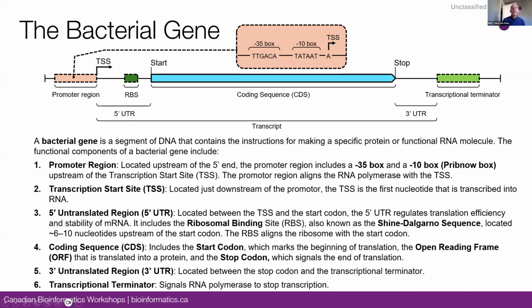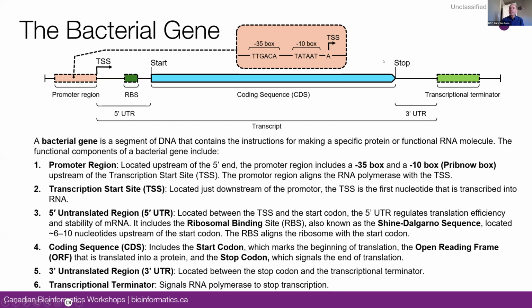Then the ribosome will align itself to the start codon of the coding sequence on the mRNA transcript by binding to the ribosomal binding site, the Shine-Dalgarno sequence. That will initiate the translation of the transcript into amino acids, right? The protein, the polyprotein, and that proceeds through this coding sequence until it gets to the stop codon.